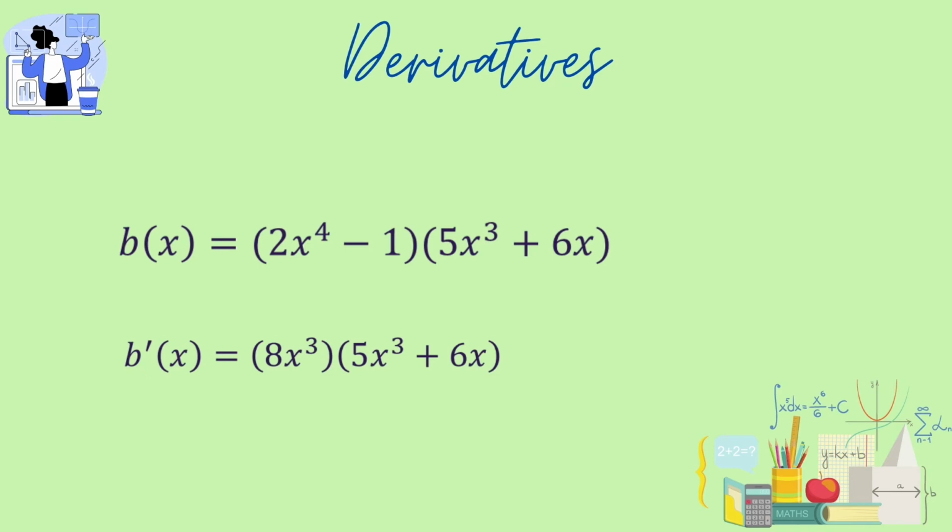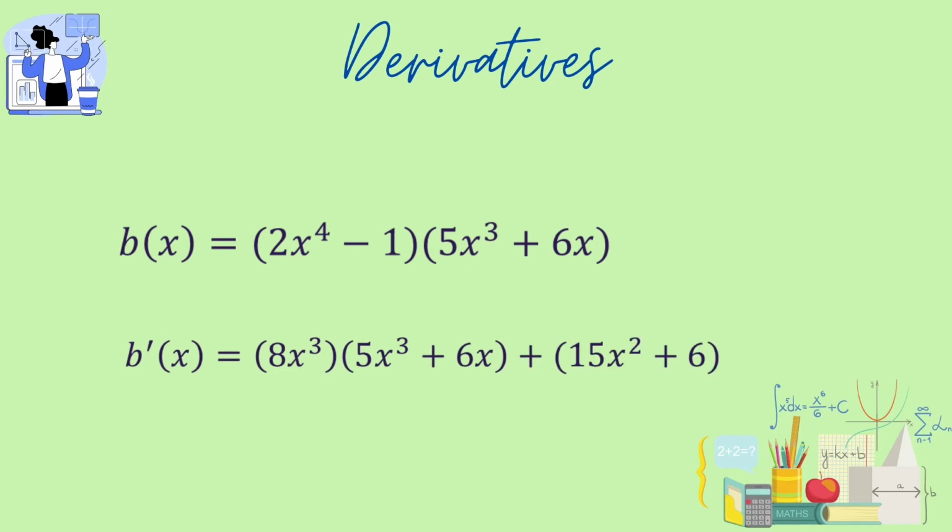For the second term, we get the derivative of the second factor, which is equal to 5 times 3 times x to the 2 minus 1, or 15x squared, plus 6. And multiply to the first factor, 2x to the fourth minus 1.